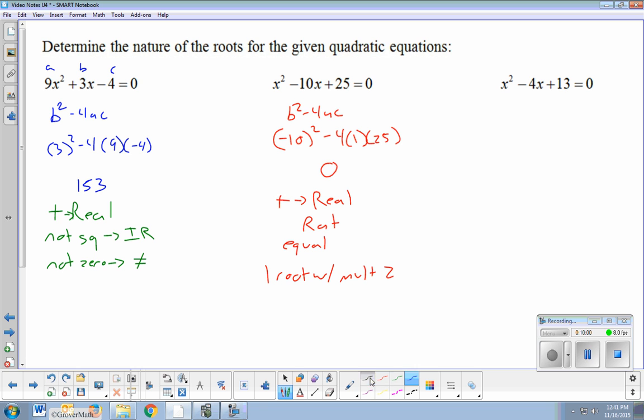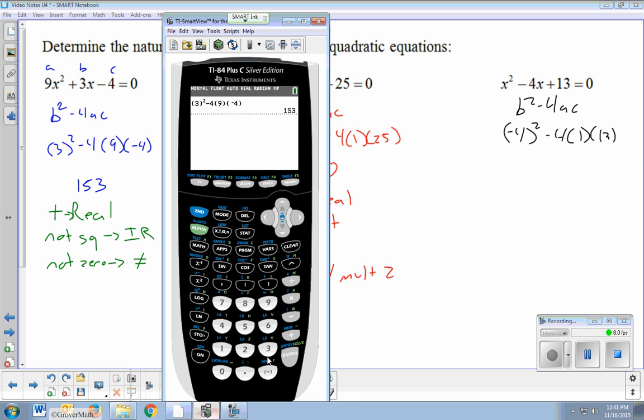All right, my last example over here, b squared minus 4ac is negative 4 squared, 16, minus 4 times 1 times 13. I end up with 16 minus, I don't know, what is that, 20, 40, 50 something. Let me just do that real quick. Parentheses, I don't want to do the mental math wrong in the video.